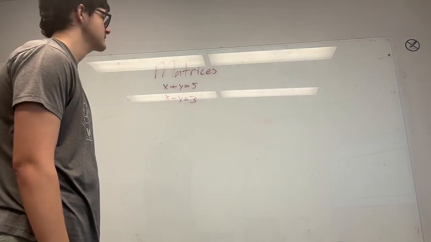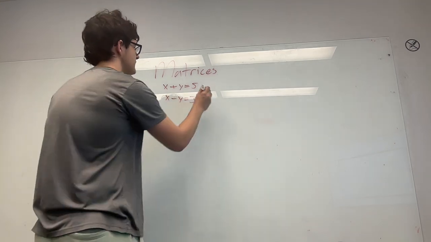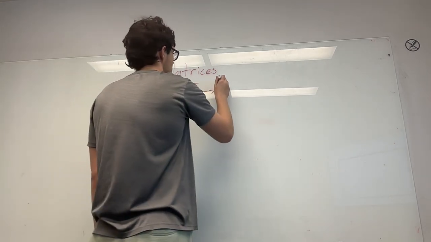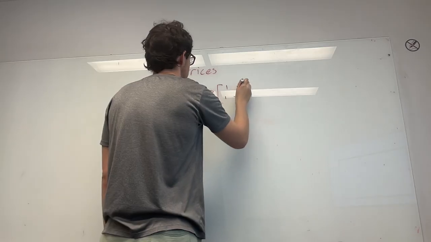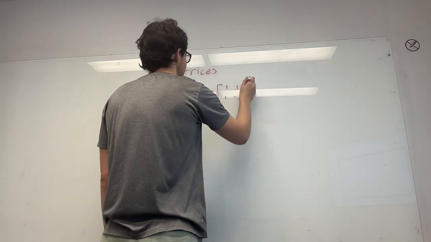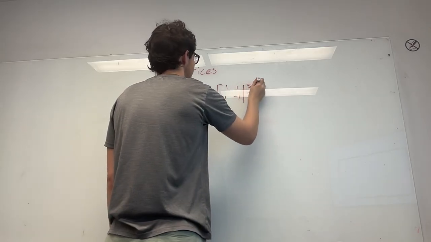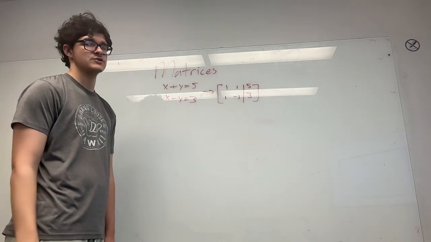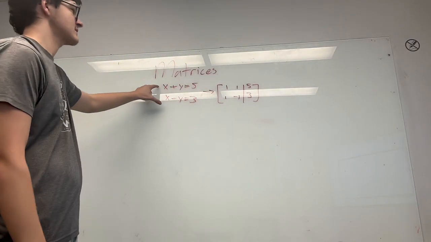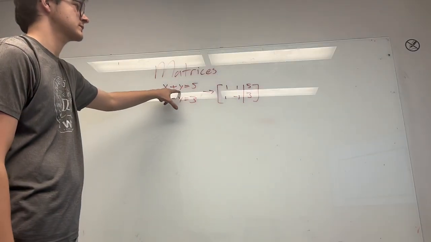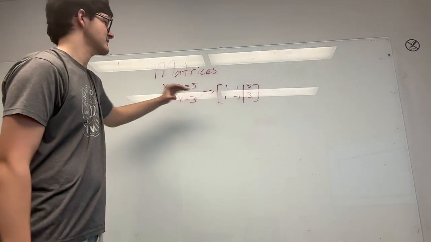All right? And you're not going to believe me, but bear with me. Boom. 1, 1, 1, minus 1, 5, 3. This is called an augmented matrix. And if you can see what I did here, all I did was take the coefficients of these variables and put them in. Literally, it's the same form.